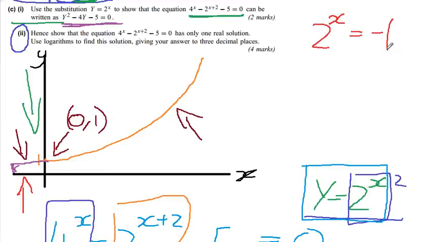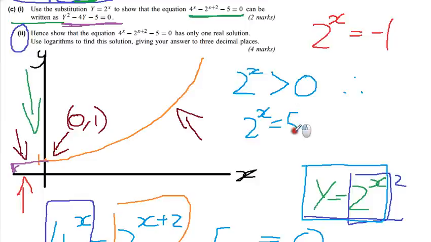It never goes below the x-axis, so y can never be minus 1. So that's not a real solution, so we need to write that down. It is not a real solution because 2 to the x is always greater than 0. Therefore, 2 to the x equal to 5 is the only solution.